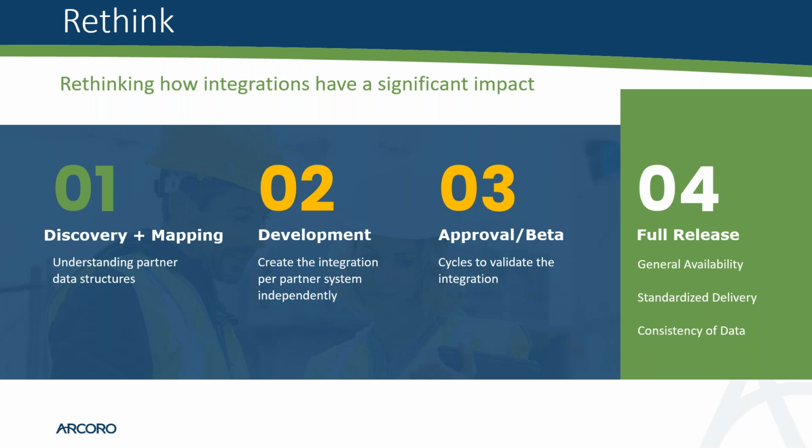Are they also having internal processes, like say for payroll? Does it shut down the person's payroll and turn off all the benefits and all the other things as part of their workflow? Does it not do any of those things? How does that work? That's all part of that discovery and mapping, where we really have to understand what the partner can and can't do with the data. Once we have all that figured out, that's when we can finally turn over to our development team to have them put their heads down and put the rules together for the process.